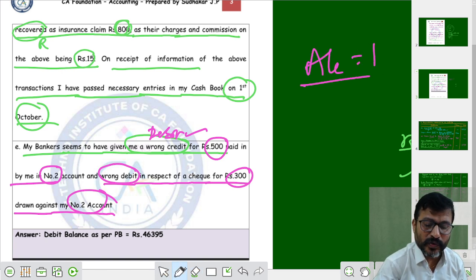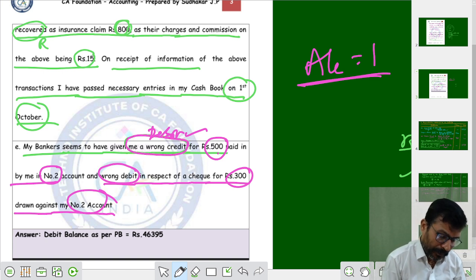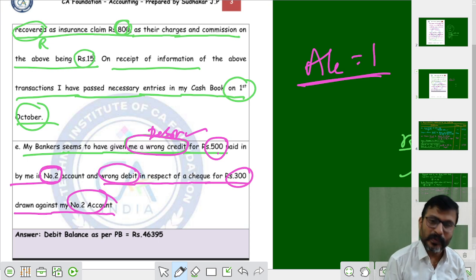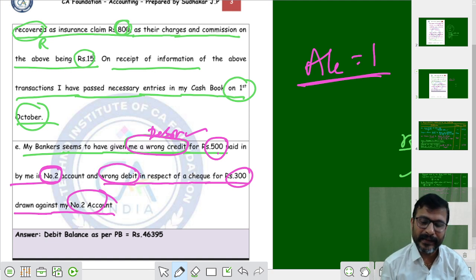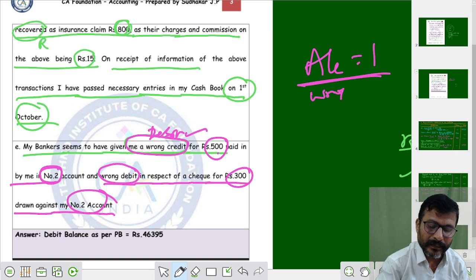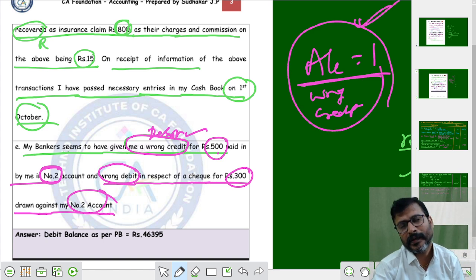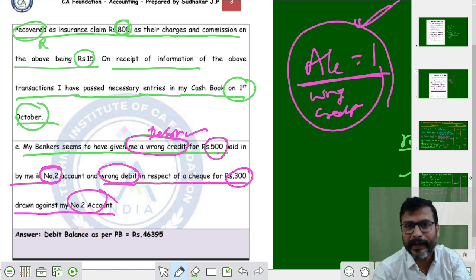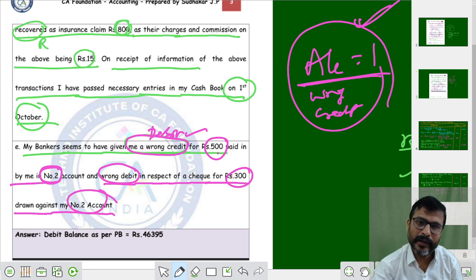My account number is 1. But he has given a wrong credit of 500 paid in by me in account number 2. I paid the money in account number 2, but banker has given wrong credit to which account? Account number 1, the account number for which we are doing BRS. Here wrong credit in account number 1 has happened, so we have to take it on the opposite side. Similarly for wrong debit.